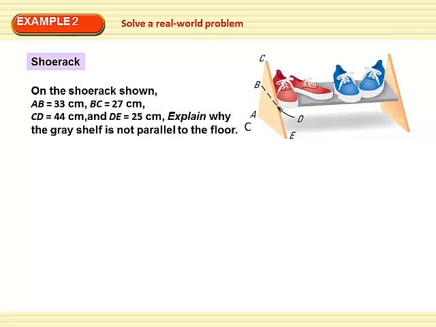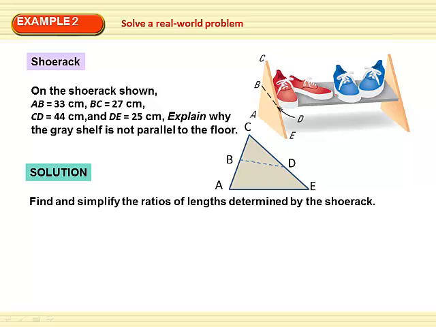In this case, it says, on the shoe rack shown, AB is 33 centimeters, BC is 27 centimeters, CD is 44 centimeters, and DE is 25 centimeters. Explain why the gray shelf is not parallel to the floor. You set up a proportion, and don't just say because it visually looks it.